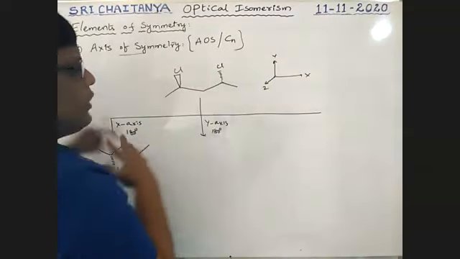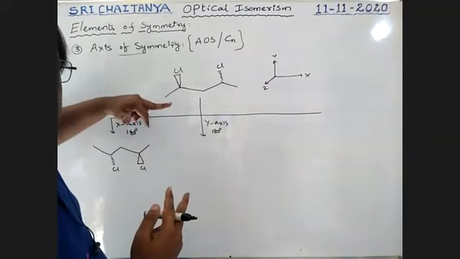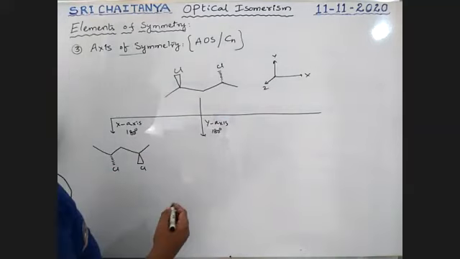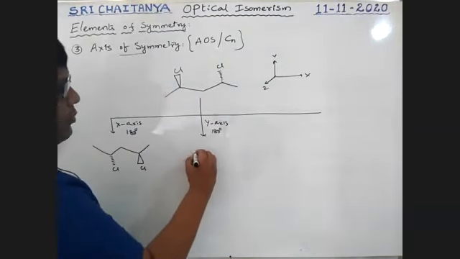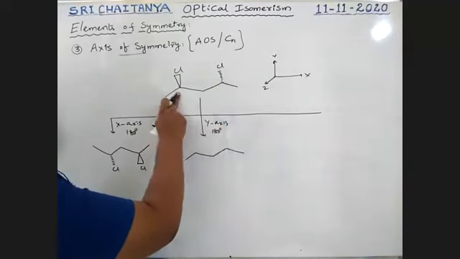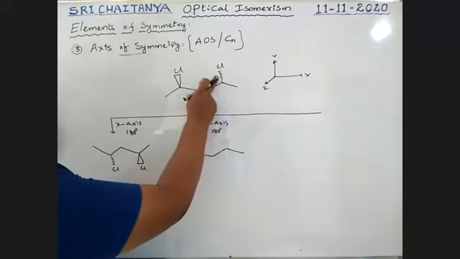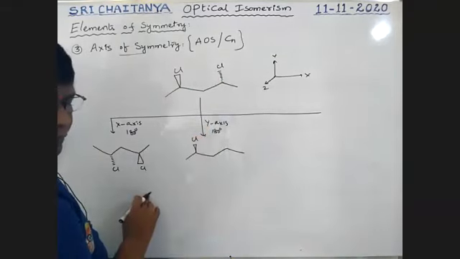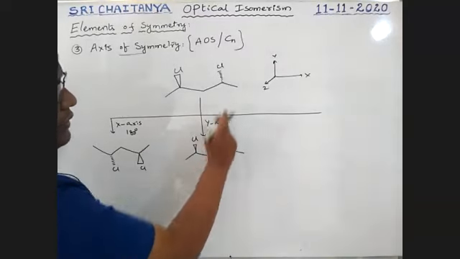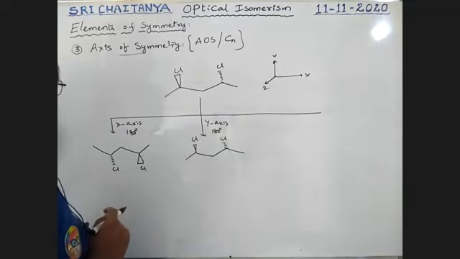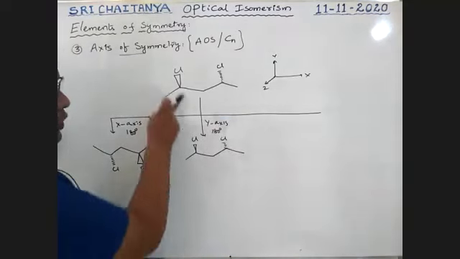So this molecule comes to this. This is a dash line, so it converts into wedge line. This is converted into chlorine. So this molecule and this molecule are identical, boys.